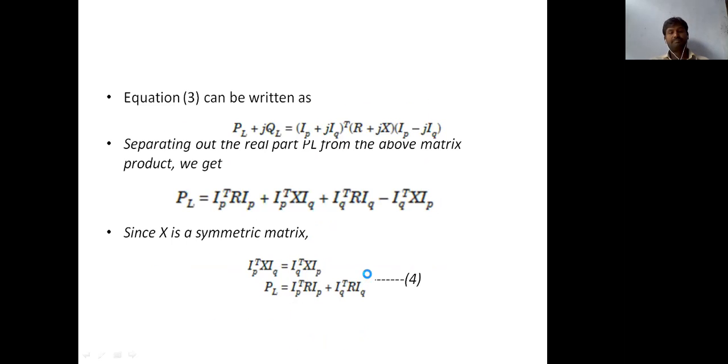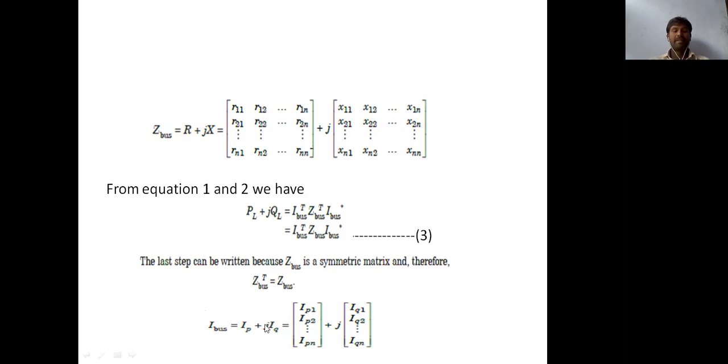I bus means IP plus j into IQ. It is written in matrix form as IP1, IP2 and so on up to IPn, similarly j into IQ1, IQ2 up to IQn. This is the I bus matrix in the form of current, and it can be written simply as IP plus j into IQ.